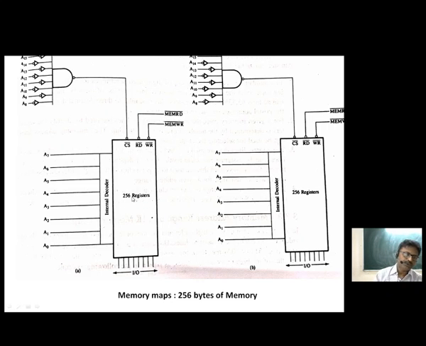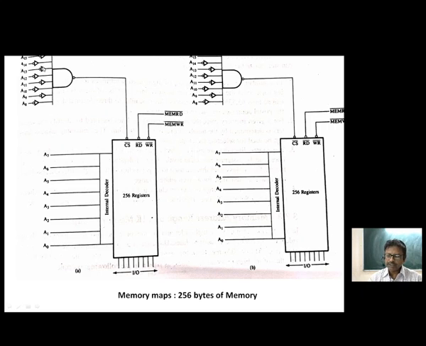And we also know that in 8085 we have 16 address lines. Out of 16 address lines, 8 address lines will be used to identify the register. So what will we do with the rest of the address lines? The rest of the address lines will be used for selection of the chip.